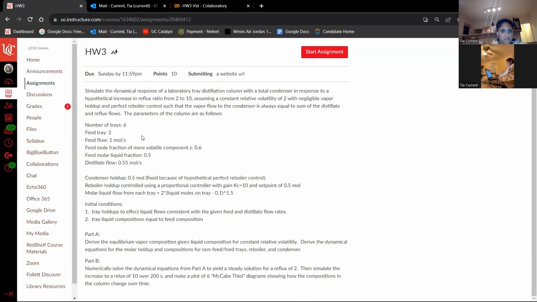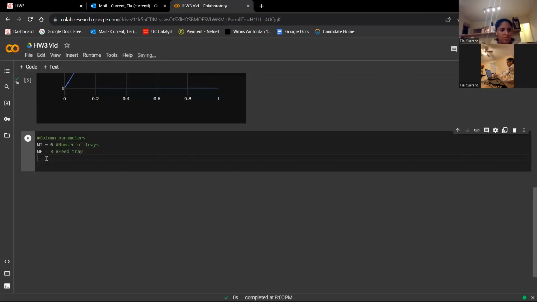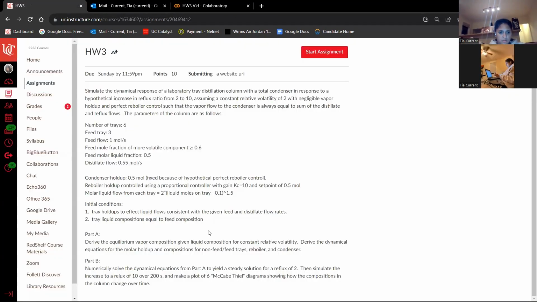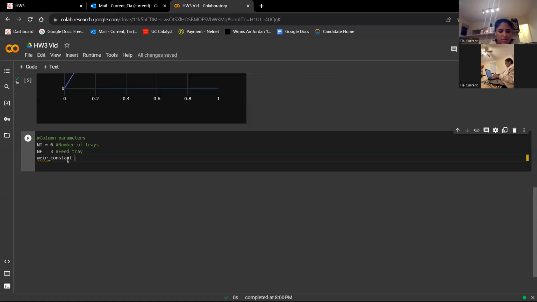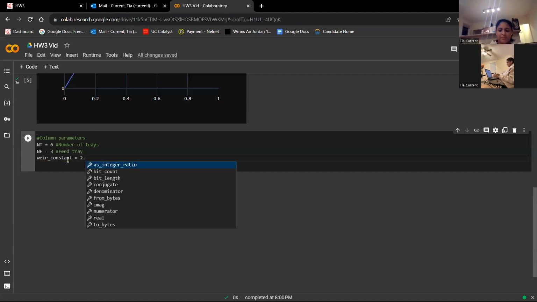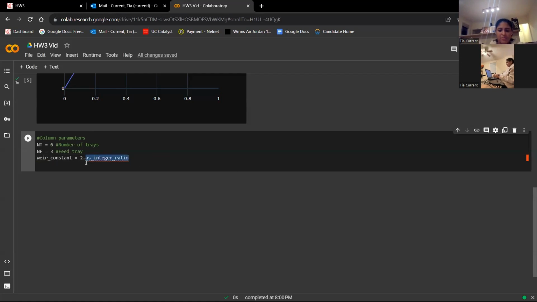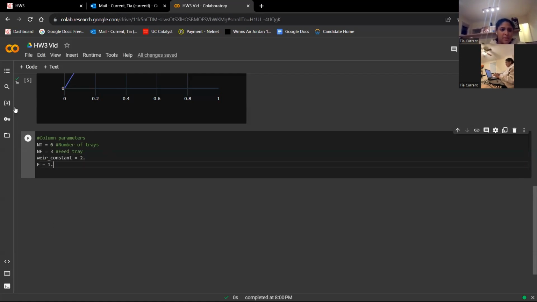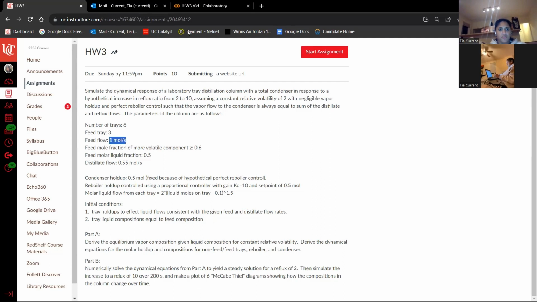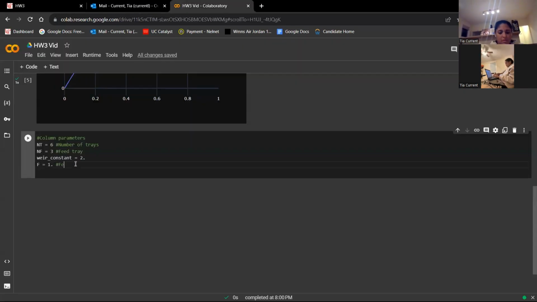Okay, then the next thing is we actually have to put in the relative volatility constant. I know that I have to put it in, but it doesn't say so. But it's okay. So alpha_constant is equal to 2.0. Which is our feed flow, which is 1 mole per second. I'm just going to put it in the comments, hashtag feed flow.